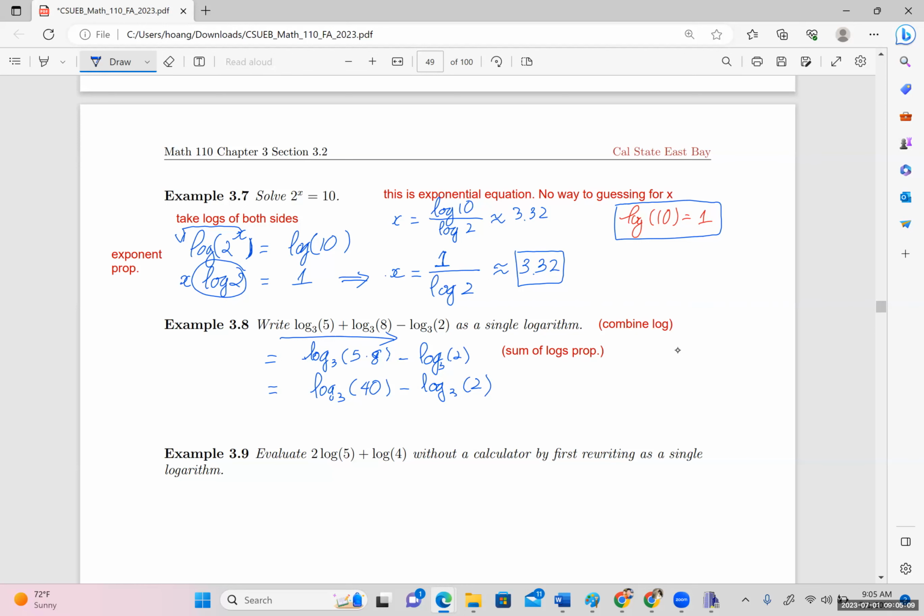And finally, you want to use the difference of logs, right? Because of the subtraction here, so you have log base 3. The one that has a negative in front is going to be the bottom, so I have 2 down here, 40 up here, and then you will have log of 20.